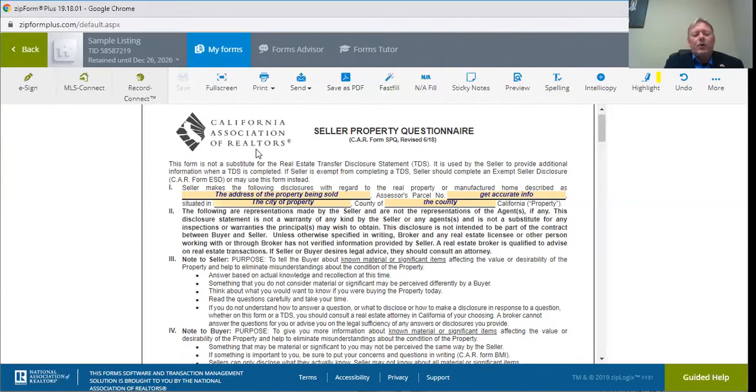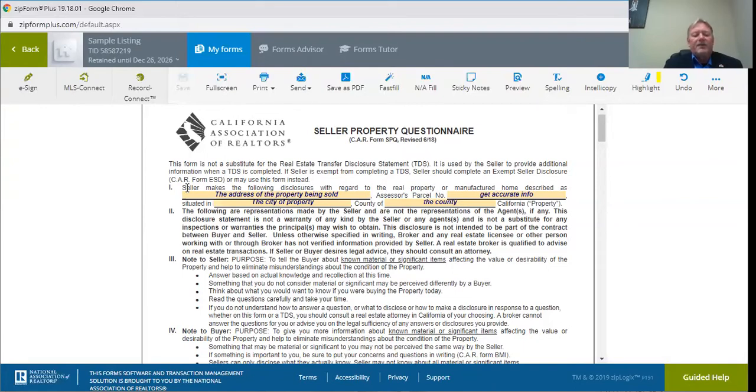So this form is not a substitute for the real estate transfer disclosure statement, the TDS, and that's going to be a disclosure that we're going to be touching on in another segment. So what we've got here is where the seller's house is now going to be talking to you through this form.